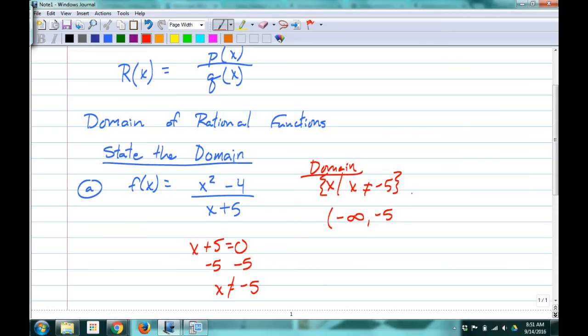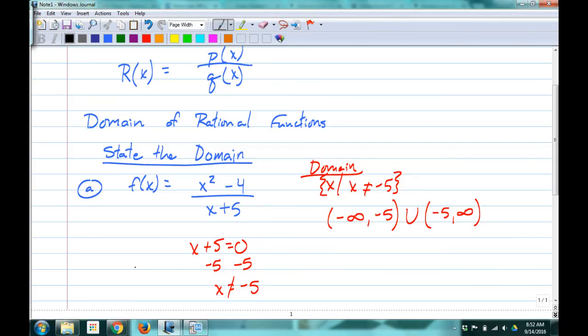Is it a bracket? No, because we're not including the -5. We're skipping it. So negative infinity to -5, union, -5 to infinity. We haven't been doing that much this chapter, so we're going to get back into it during this section.